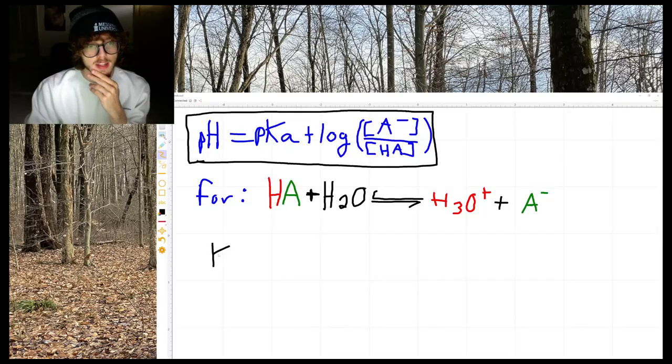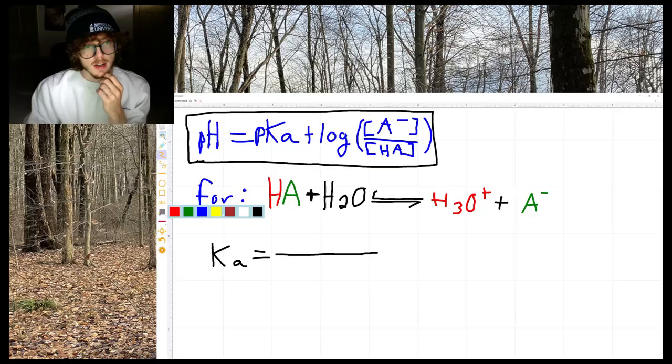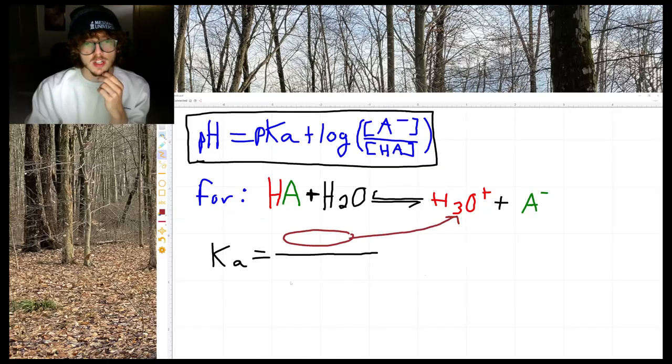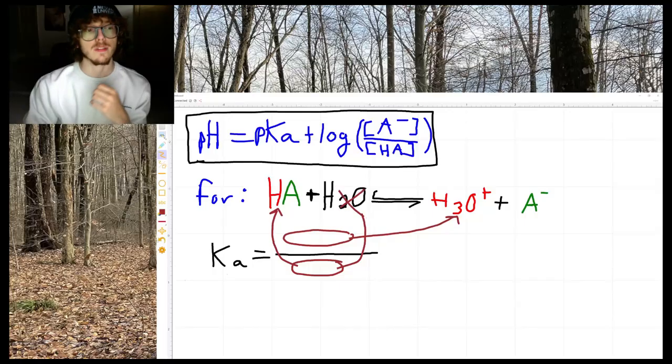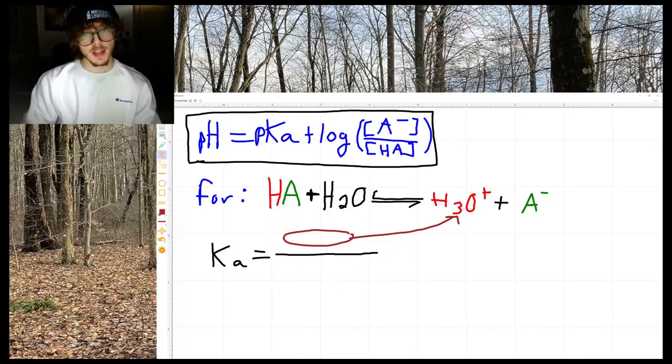So we're going to say that Ka, the dissociation constant of the acid, is equal to the concentrations of these species, where the denominator will just be the concentration of the acid and not the concentration of the water, because it's a liquid, it doesn't have a concentration. So let's go ahead and set some things up here.